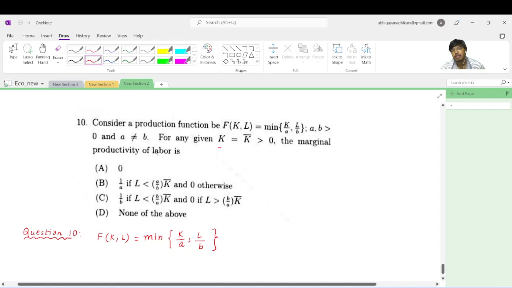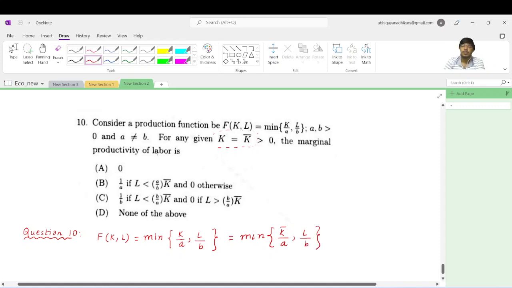And it is given that k equals k bar. K is fixed. So this can be easily written as minimum of k bar by a comma l by b. Right? This is what it is.